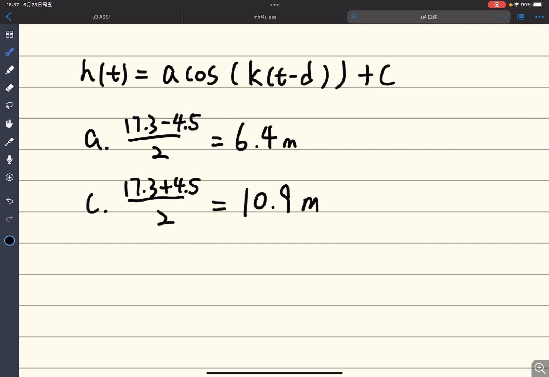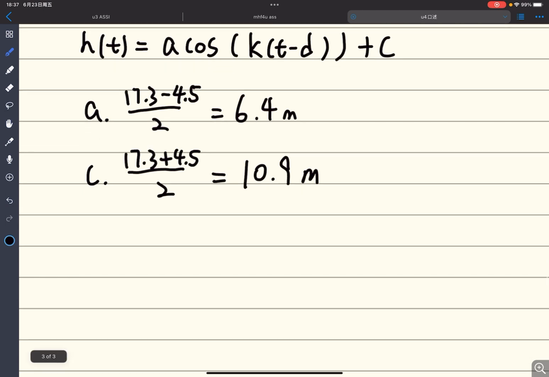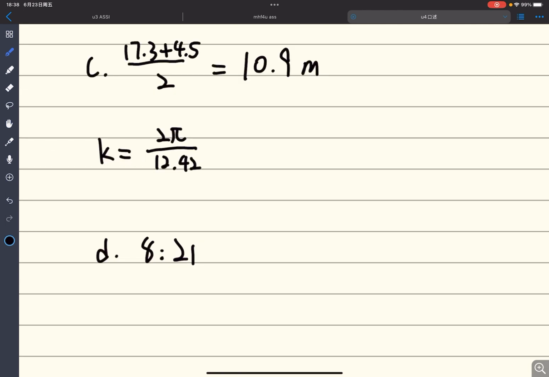Since the period of the tide in a day is 12.42 hours, K is 2 pi divided by 12.42. The phase displacement D is the time when the highest tide occurs, which is converted to 8.35 hours.